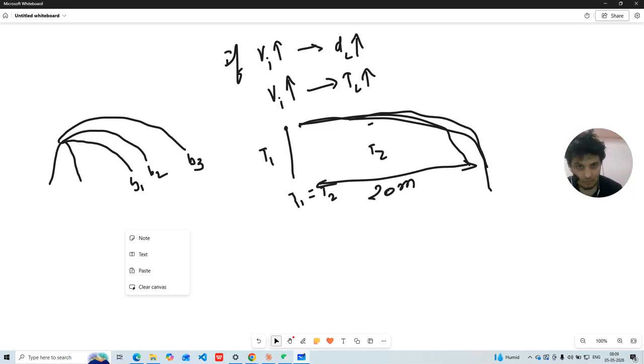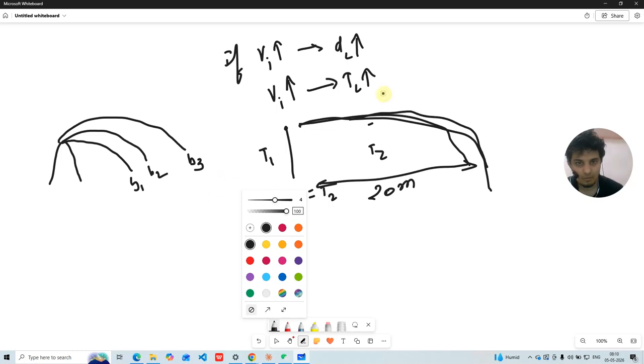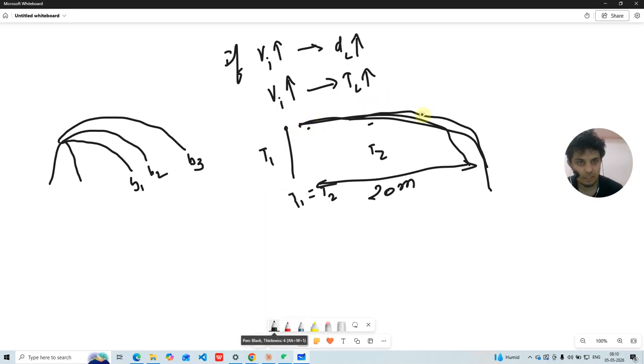When the ball is moving in projectile motion, it has motion in this direction and in this direction.